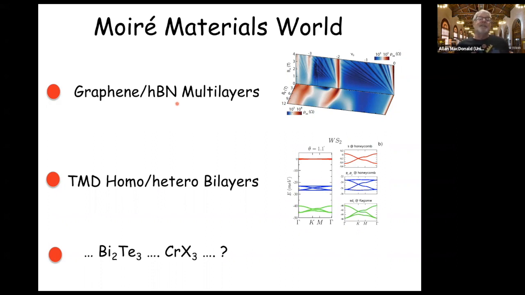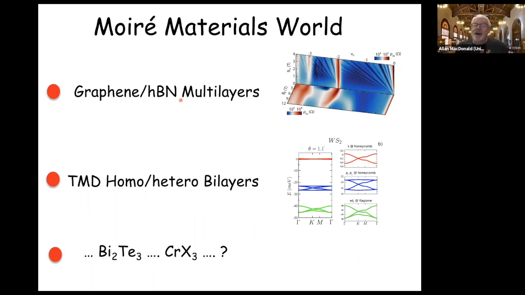And progress at Columbia and MIT, and also a lot of important work by my colleague at UT Austin, Emmanuel Tutuk, eventually led to the controlled realization of bilayer graphene at a twist angle where correlations were known previously to be strong. And so my talk is about the properties that people have observed in those systems and trying to progress towards understanding them.